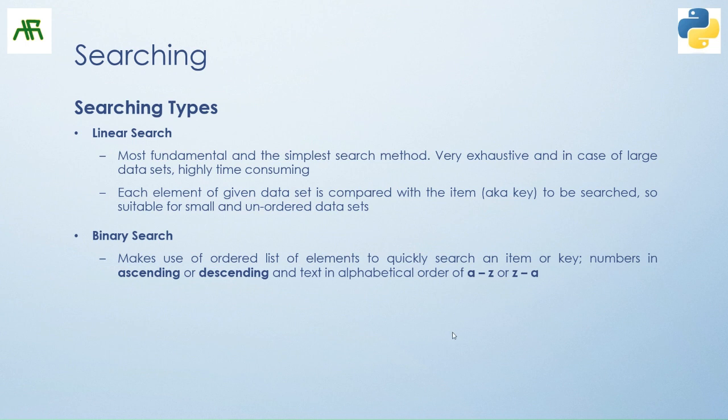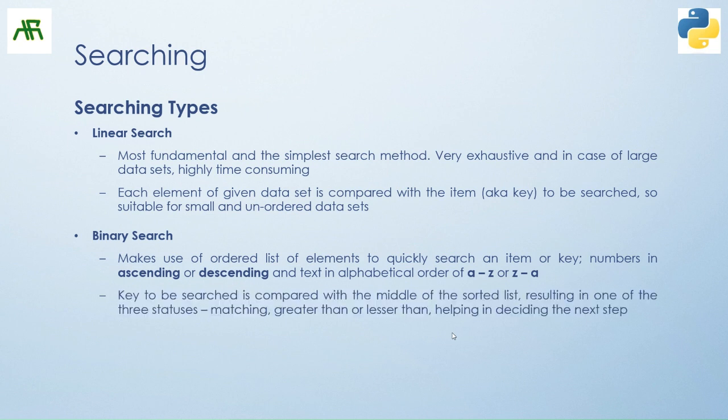It needs a sorted list of elements for it to work. The key to be searched is compared with the middle of the sorted list, resulting in one of three statuses. The key element or the data item that we want to be found in the target list is compared against the middle of the sorted list.